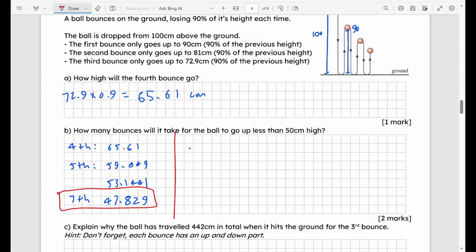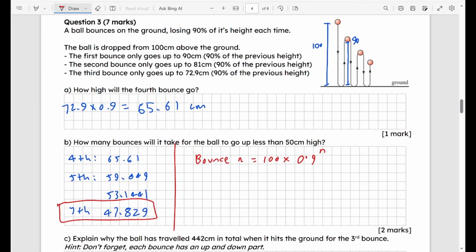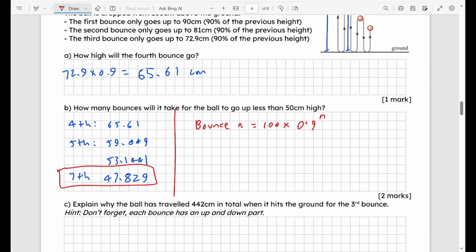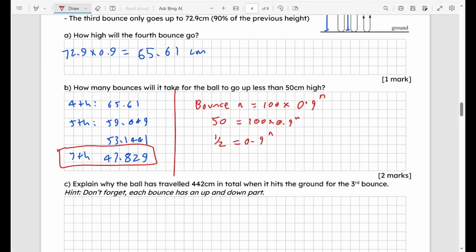Now, if you want to do it by hand, what you can do is you can go each bounce n is going to be 100 times 0.9 to the power of n. Yeah, so we want this to equal 50, 100 times 0.9 to the power of n, and then that would give you a half equals 0.9 to the power of n. Then the way we could solve an equation like that is to log both sides. Log of a half equals log of 0.9 to the n.